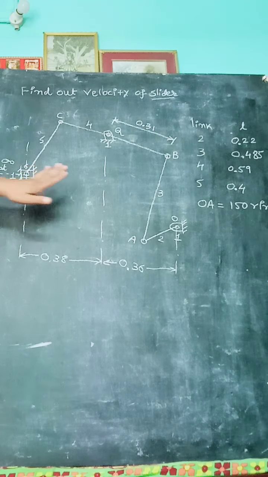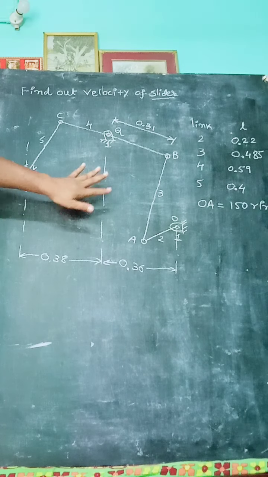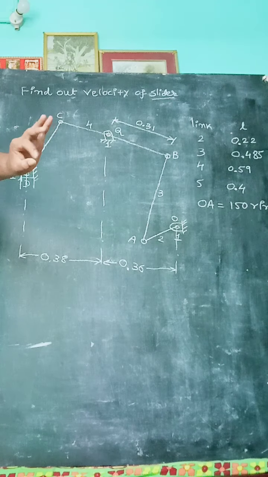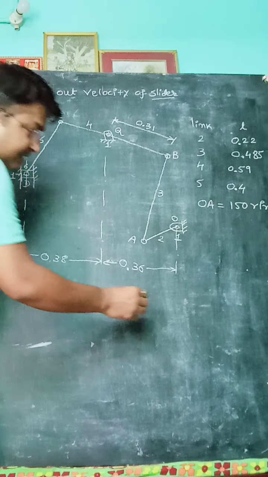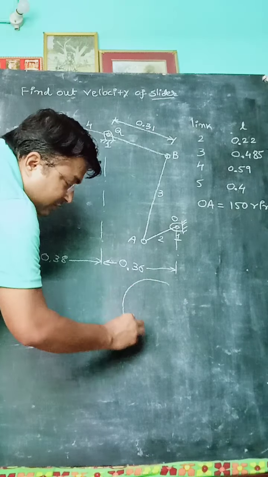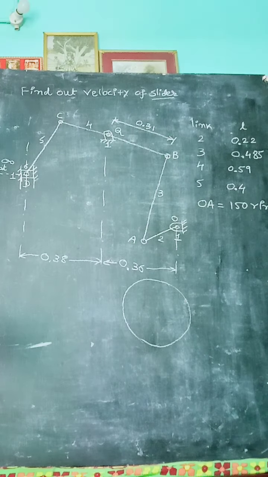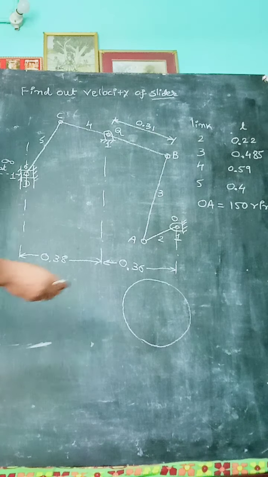Now let us go to locate the fixed as well as permanent instantaneous centers. But prior to that, draw a circle. How many links? 6 links. Definitely they are going to form a geometrical shape, a hexagon.